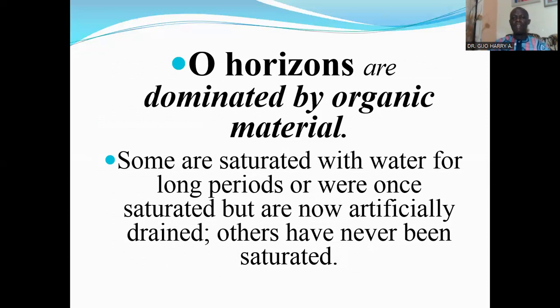Others have never been saturated. The surface of the soil, the O horizon, is usually saturated by water, usually as a result of precipitation. In some swampy areas, these soils are permanently waterlogged, permanently or periodically exposed or covered by water.